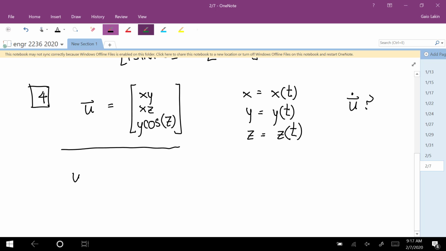So u dot is equal to, the product rule says for the x component, that's x dot y plus x y dot. For the y component, that's x dot z plus x z dot.